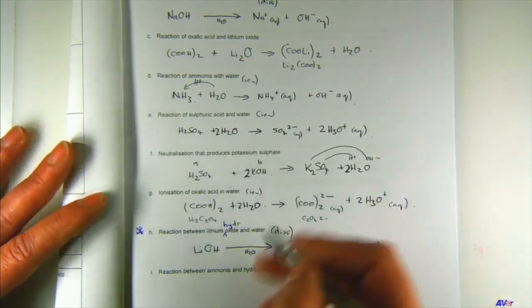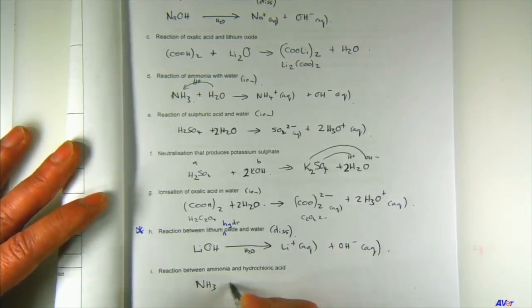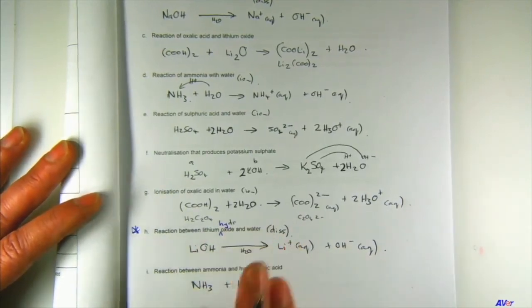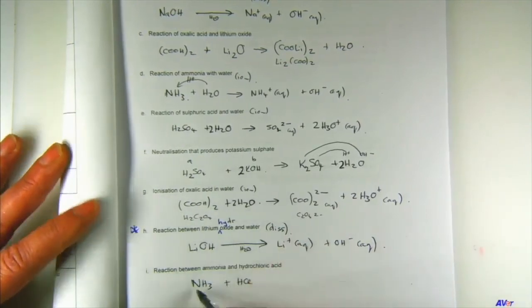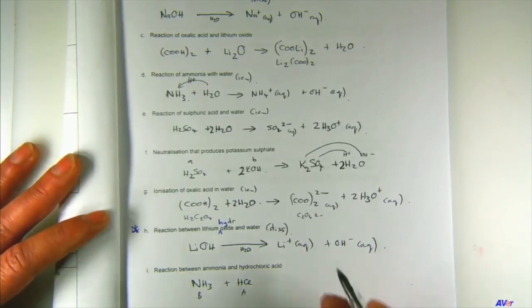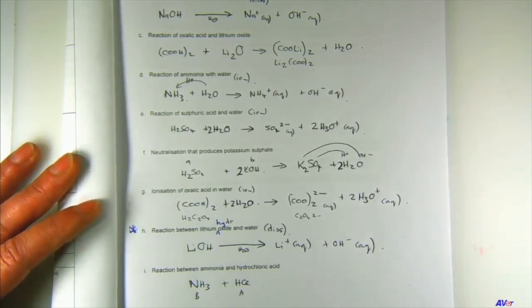Right. Very last one. Ammonia and hydrochloric acid. Nothing about water, so this is not an ionization or a dissociation, right? So what's happening here? This is an acid and that is a base. If an acid and a base react, we call that neutralization, and usually it gives a salt and water. But remember, NH3 does things differently.